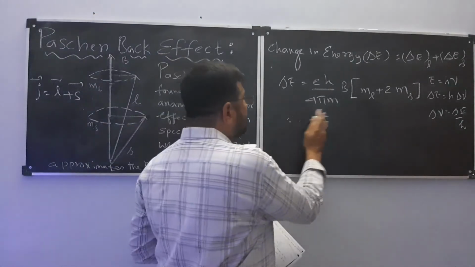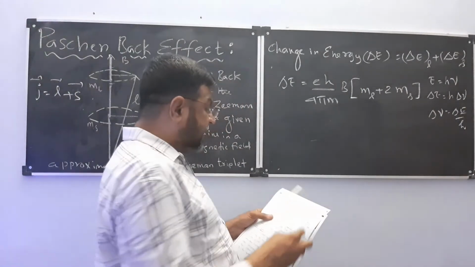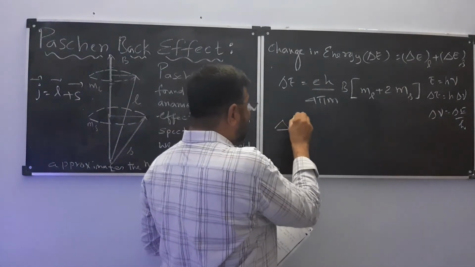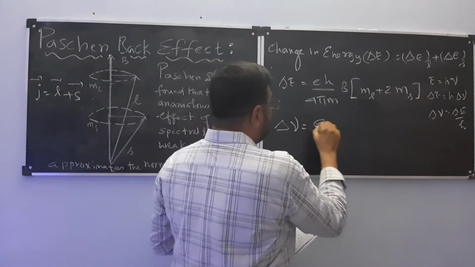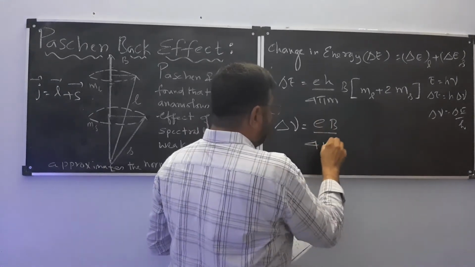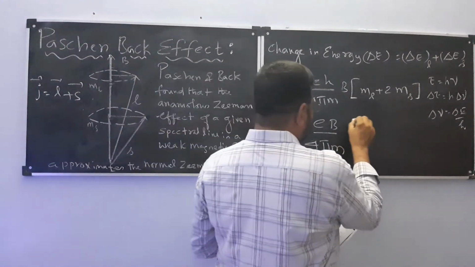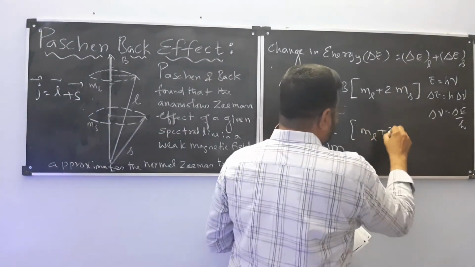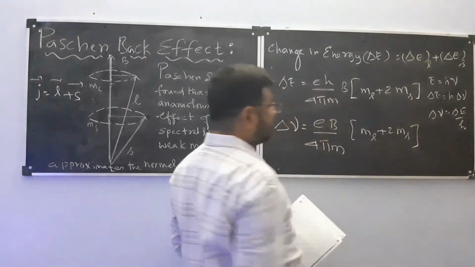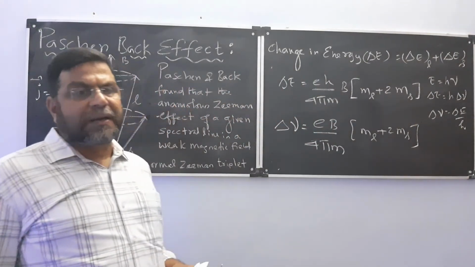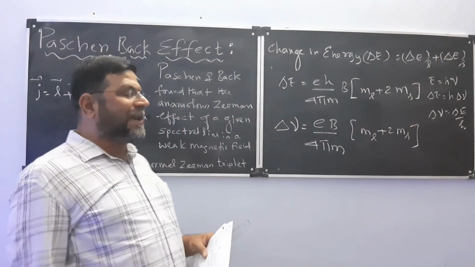Therefore, this expression in terms of change in frequency can be written as delta nu is equal to eB by 4 pi m times m of L plus 2 m of S. The h and h get cancelled. Here m of L is the magnetic orbital quantum number and m of S is the spin quantum number.